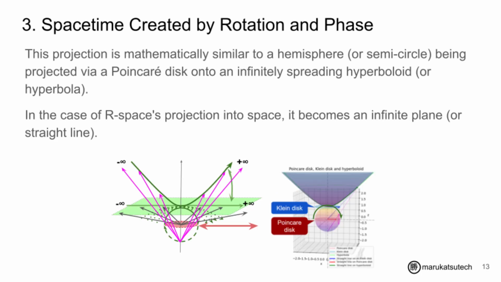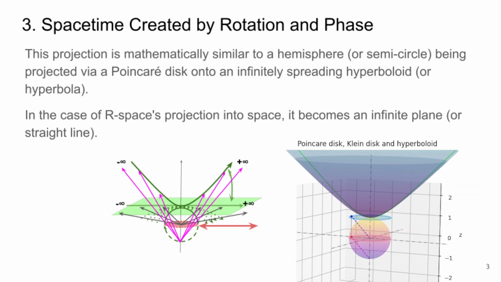This projection is mathematically similar to a hemisphere, or semicircle, being projected via a Poincare disk onto an infinitely spreading hyperboloid, or hyperbola. In the case of our space projection into space, it becomes an infinite plane, or straight line.